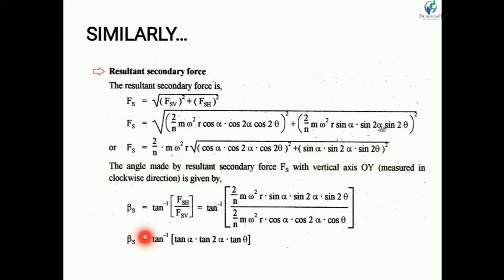And the angle with the vertical line we obtain beta s is tan inverse in a bracket tan alpha into tan 2 alpha into tan theta. So in a V engine, we have derived primary unbalanced force and secondary unbalanced forces.